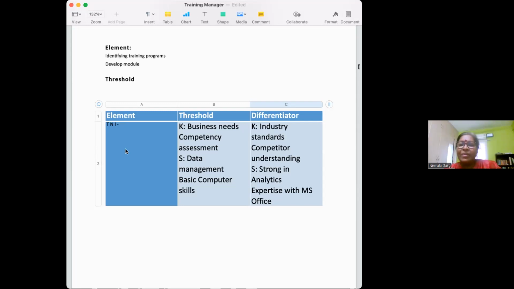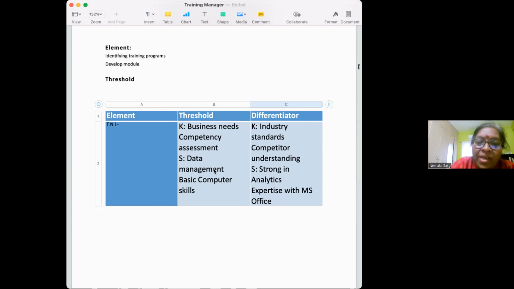I will just add, you've written absolutely well, but I will give you a little more. At a threshold level, this person is only looking at, if the employees are at a certain rating scale, then in consultation with the business head, they will think, I have to move this to a higher level.